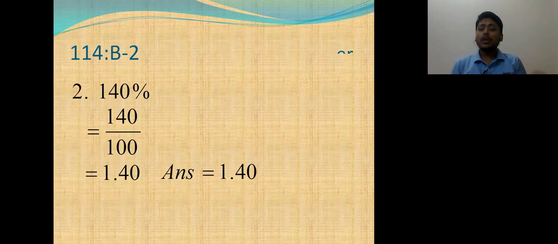You know that 1.40 can also be written as 1.4 because after the decimal point, if there is a whole number, then after that all zeros will be ignored. After the decimal point the number is 4, and after 4 there is a 0, so you can ignore it. Both 1.40 and 1.4 are correct.